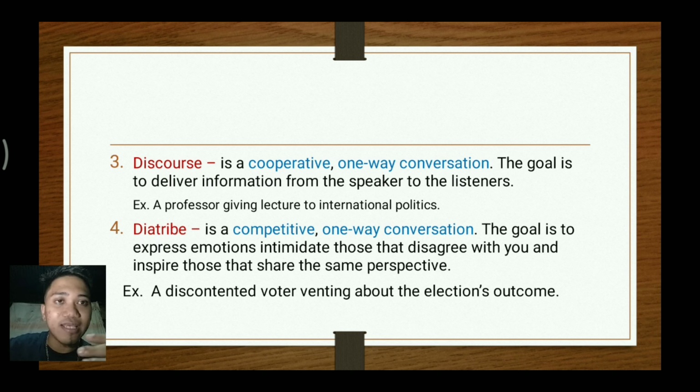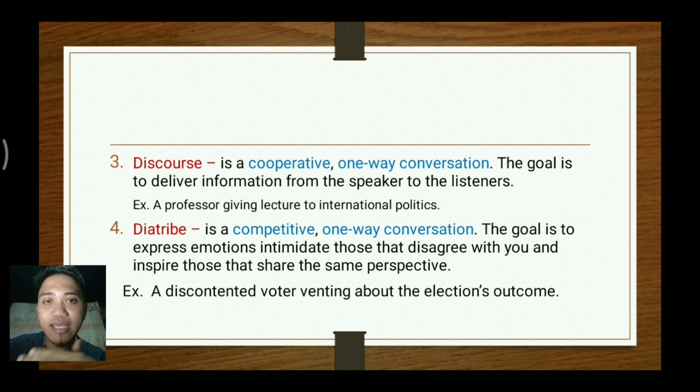Diatribe is a competitive one-way conversation. The goal is to express emotions, intimidate those that disagree with you, and inspire those that share the same perspective. Example, a discontented voter venting about the election's outcome.